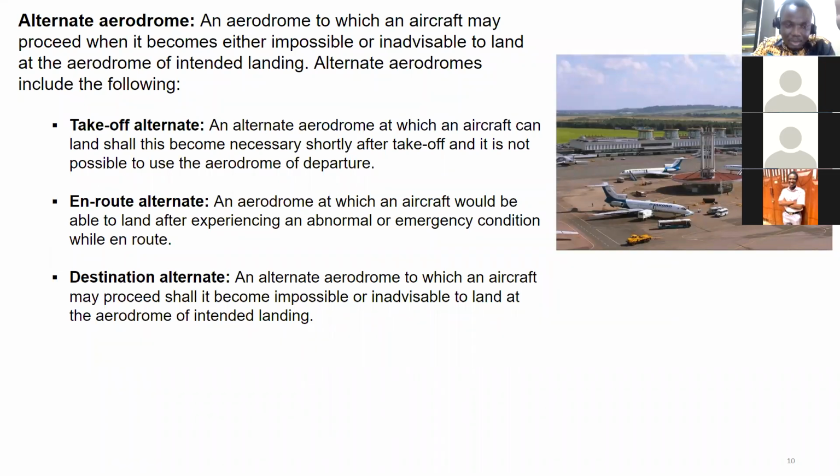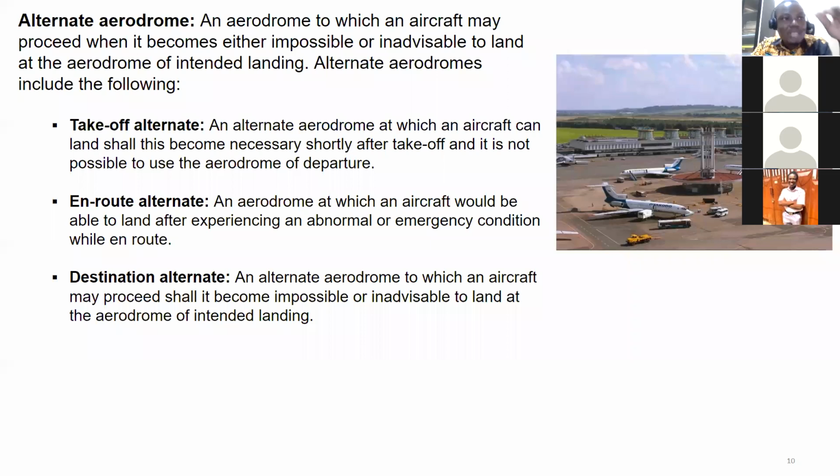If it's a medical situation, because they've not gone too far, they will have to come back. Or if, when they just take off, they realize an engine fails, or a flap is not working, something has gone bad, then they would have to land, and maybe they might not come back to where they took off from, but they will land in a different aerodrome, and that's where they are going to take off from afterwards. And so that becomes the alternate takeoff aerodrome.